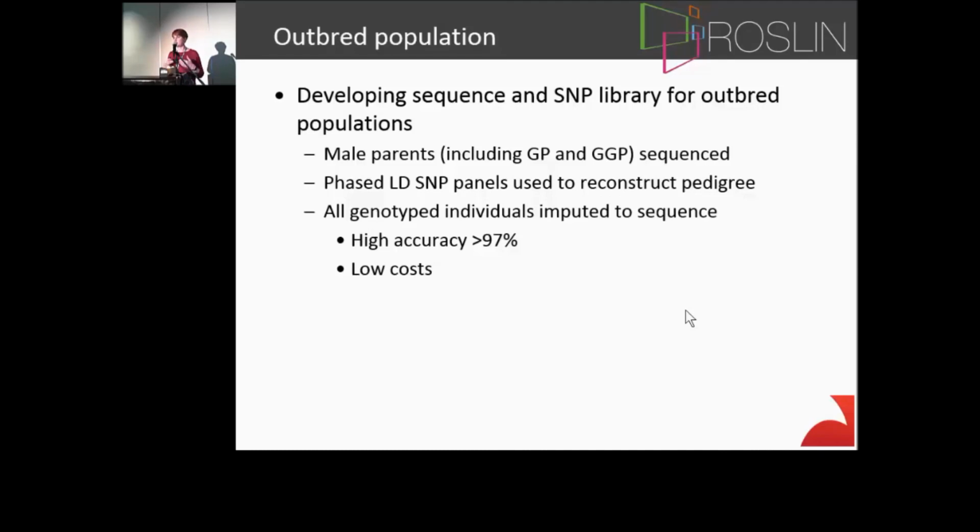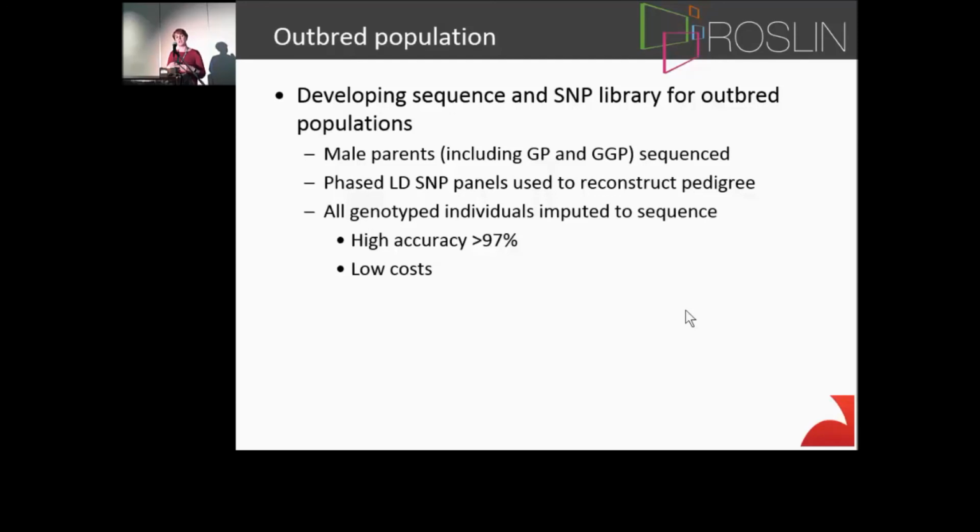Using that information on the parents, any progeny from that population will have the ability to fully impute their sequence genotype. So from a low-density SNP panel, we'll be able to impute up to sequence. Our experience tells us that we can do that with a very high accuracy of about 97% plus, and it will be fairly cost-effective.